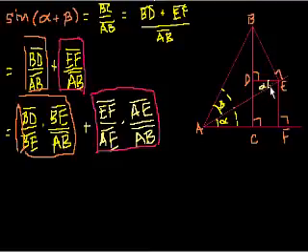So if this angle is alpha, then this angle right here is complementary to it, so it's 90 minus alpha, right? And if this angle is 90 minus alpha, and this angle is 90, then this angle plus this angle plus this angle has to equal 180, so we know that this is equal to alpha.